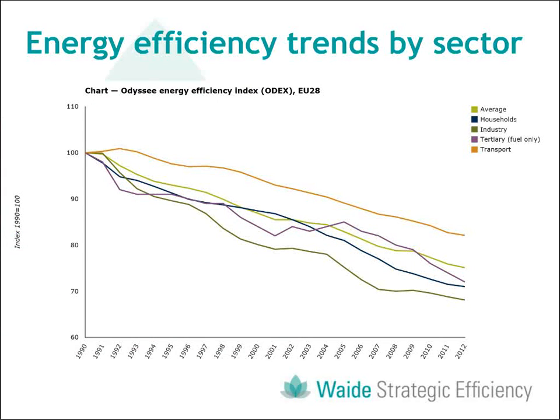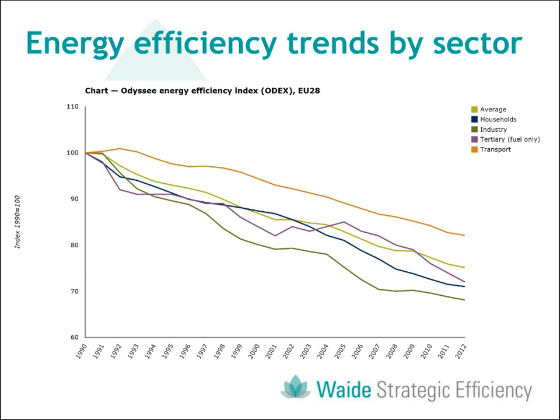Here you can see the tracking and the improvement of energy efficiency against 1990 levels, which is indicated as 100, by sector. You can see that least progress was in the transport sector, which was at about 85% of the 1990 levels by 2012. And the most improvement was in the industrial sector, which is about 68%.